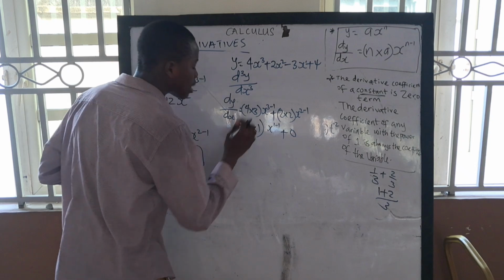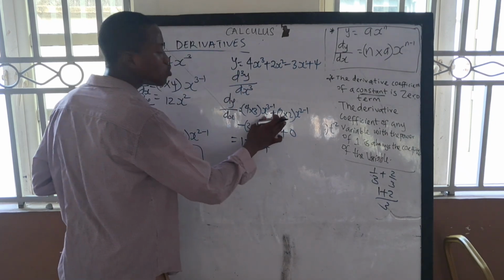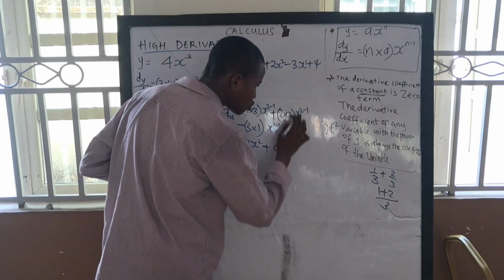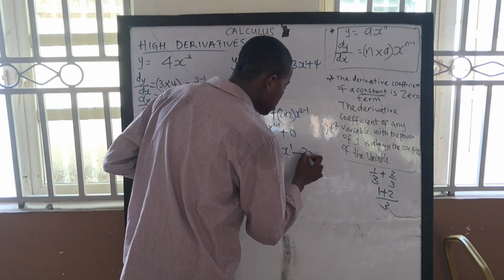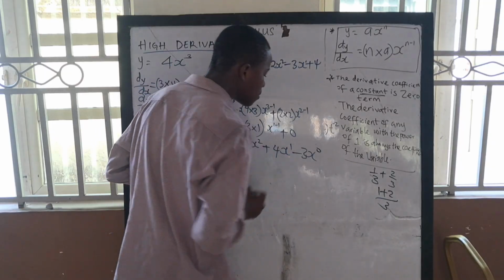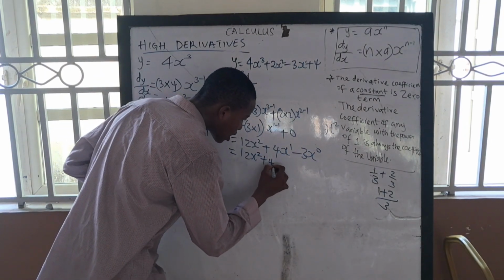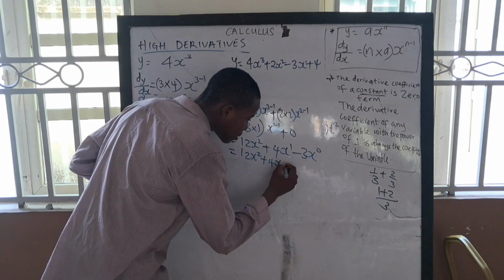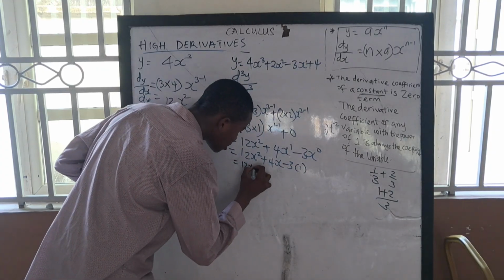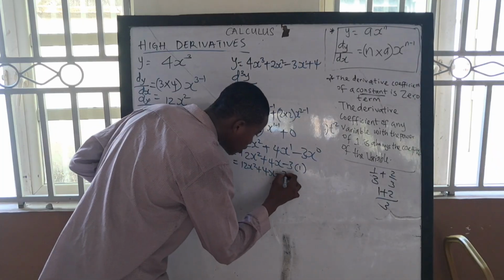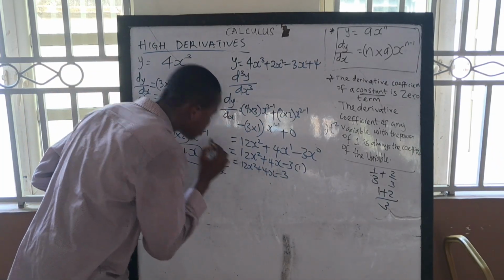So now, 4 times 3 is 12, x to the power 3 minus 1 is 2, plus 2 times 2 is 4, x to the power 2 minus 1 is 1, minus 3 times 1 is 3, x to the power 1 minus 1 is 0. That is 12x squared plus 4, x to the power 1 is x, minus 3, x to the power 0 is 1. So I'm having 12x squared plus 4x minus 3. This is my dy/dx.